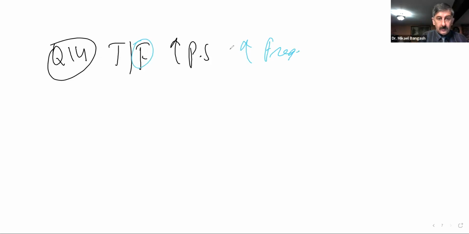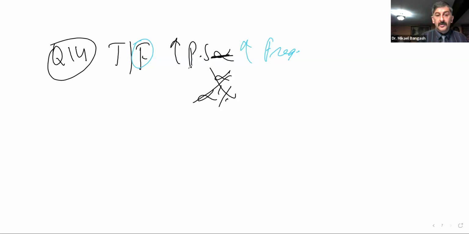Mainly because propagation speed and frequency are not related. Forget about being directly proportional, forget about being inversely proportional. They are not related at all. So you can increase or decrease the frequency as much as you want to.